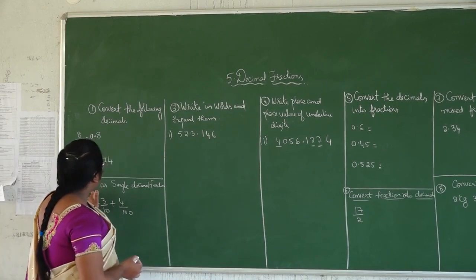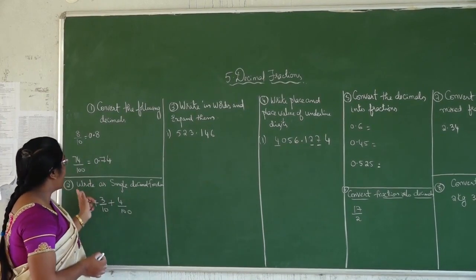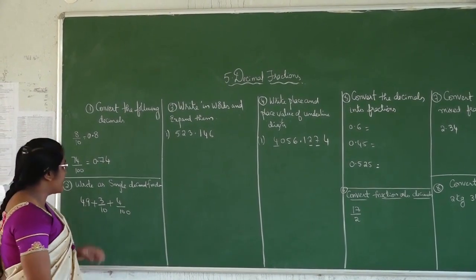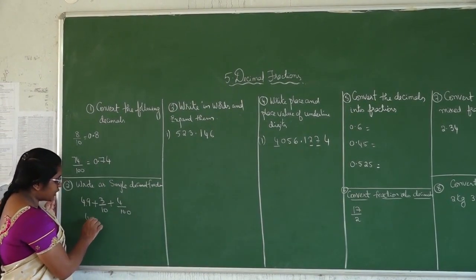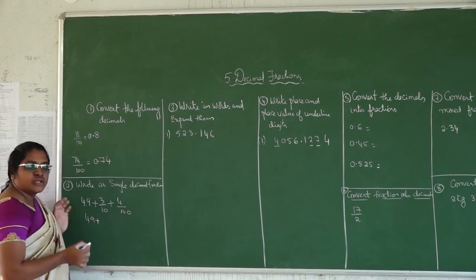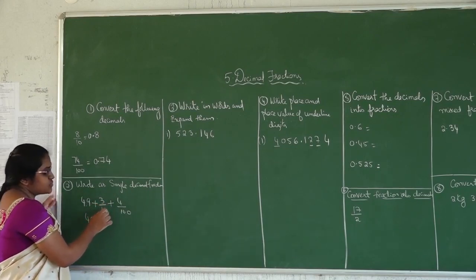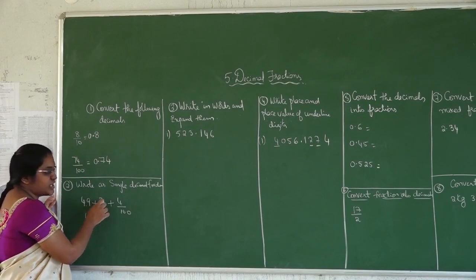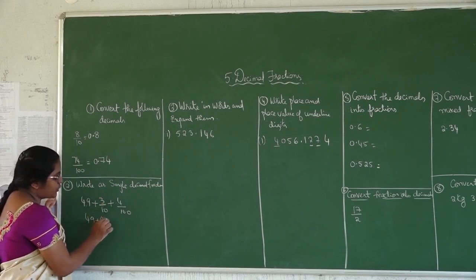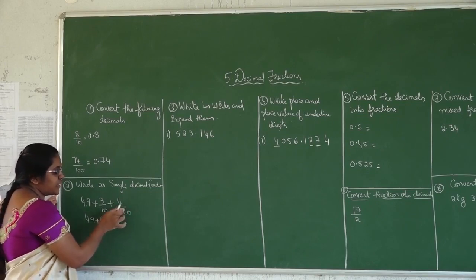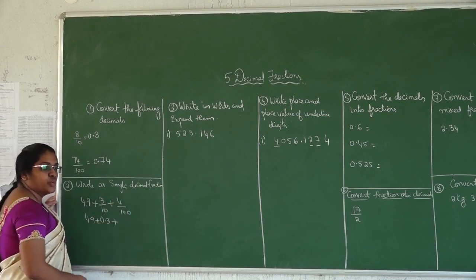Now you have to write the expanded form in simplest form, that is 49 plus 3 by 10. I already said how to write. Since 1 zero is present, 1 digit is present, it is 0.3. Then plus 4 by 100. Here 2 zeros are present and only one numerator digit is present.